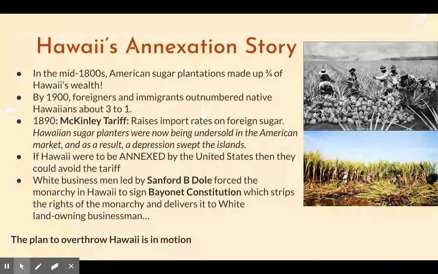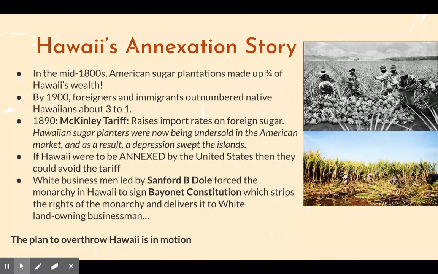Well, Hawaii is a different country. So the sugar that these American sugar plantation people are making is now getting taxed heavily. This is hurting those people in Hawaii, the American people in Hawaii, because they're getting taxed more than anyone else just because their sugar plantation is in another country.